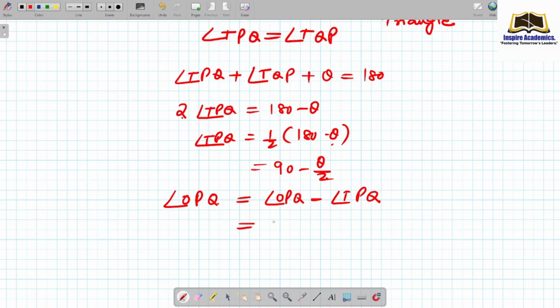So OPQ is OPT minus TPQ. Here this should be OPT. OPT minus TPQ. And OPT is 90 degrees, so 90 minus 90 minus theta by 2, which is nothing but 90 minus 90 plus theta by 2.